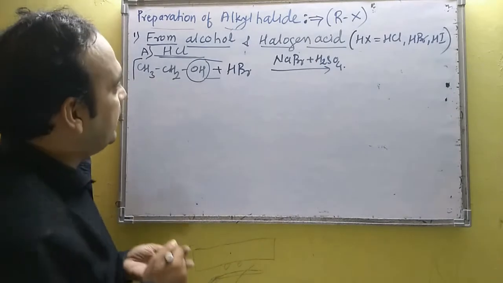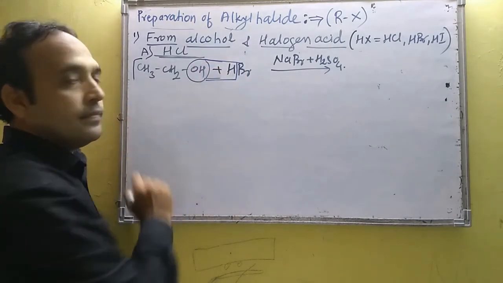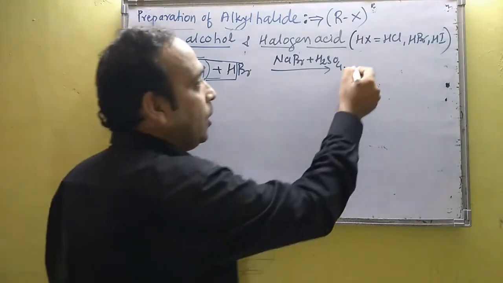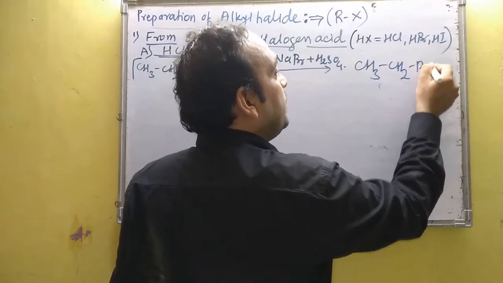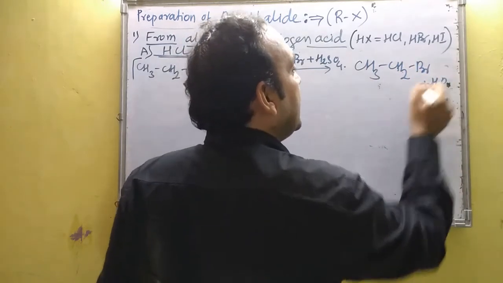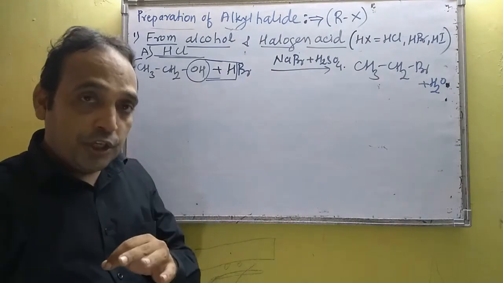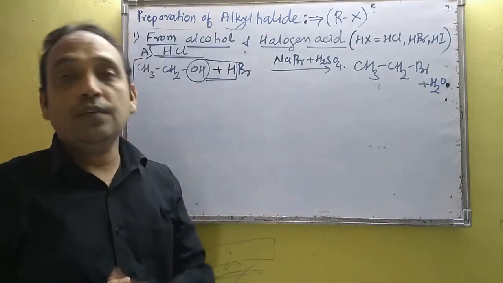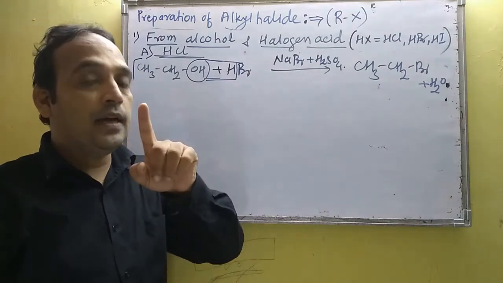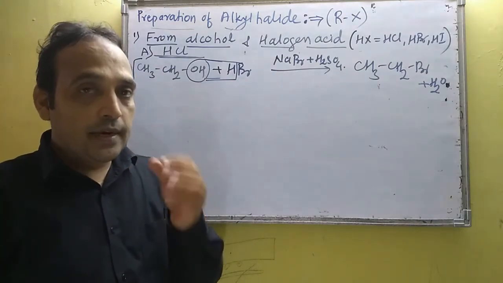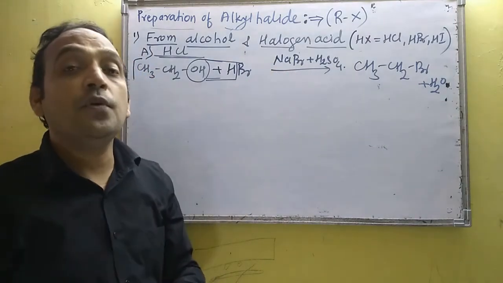We can write OH and H with removal of H2O, and alcohol is converted into CH3CH2Br, that is your alkyl bromide. So try to remember, the condition depends upon the nature of the alcohol. When HBr is used, my arrow condition is either 48% concentrated hydrobromic acid or NaBr in sulfuric acid.